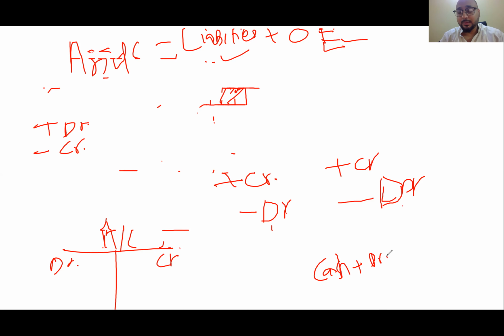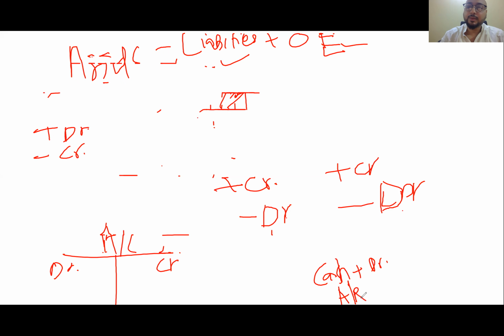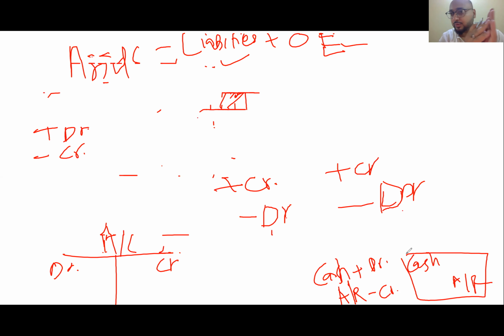From customers means the customer is now paying us, so we decrease the customer, which is accounts receivable. Asset decrease, credit. The entry is cash to accounts receivable. It means cash is debited to receivable. Whenever we say to, it means it is credited.